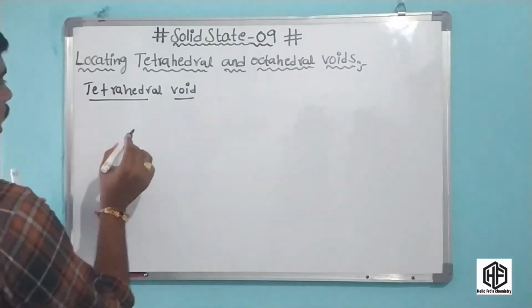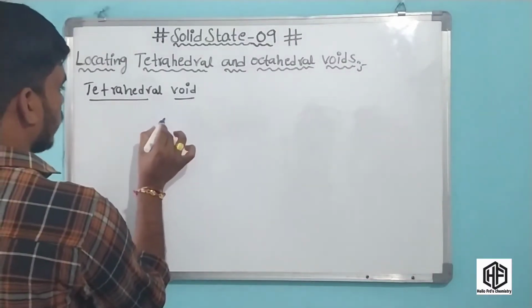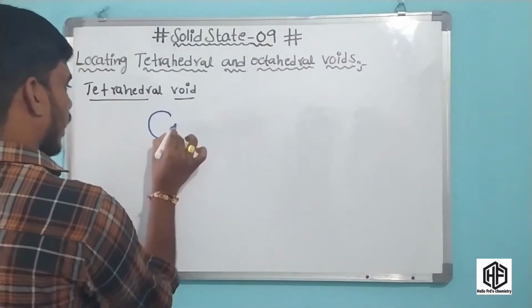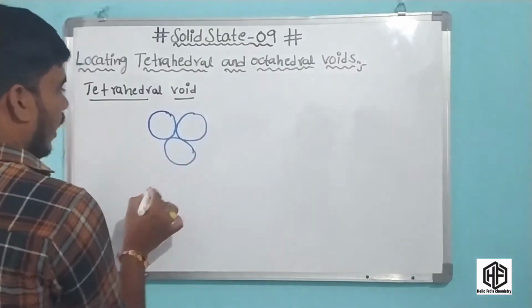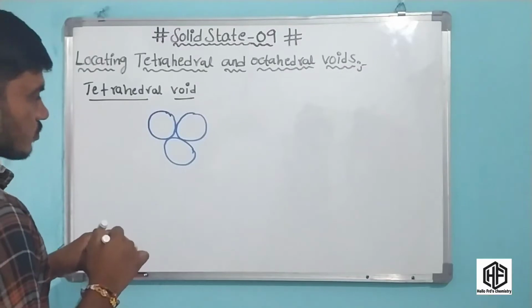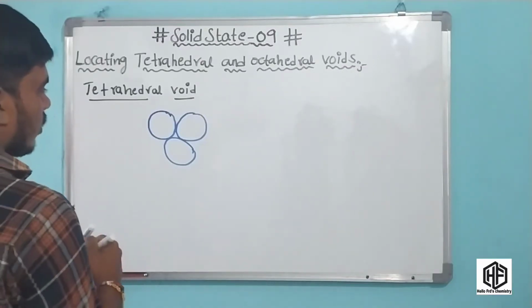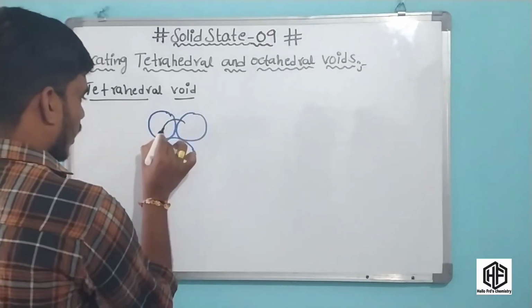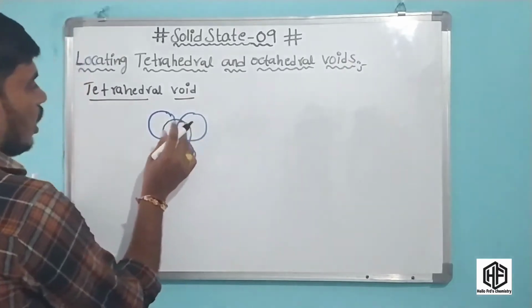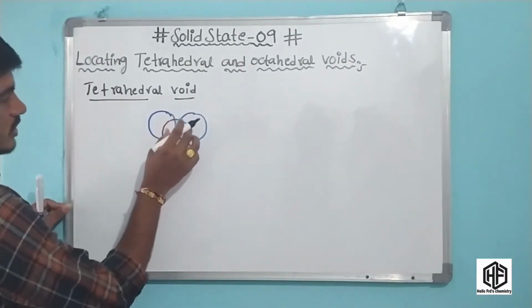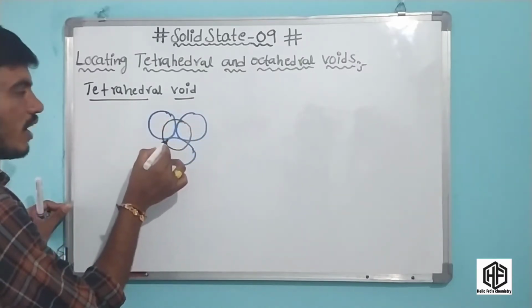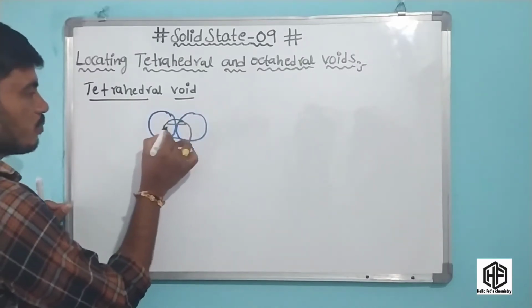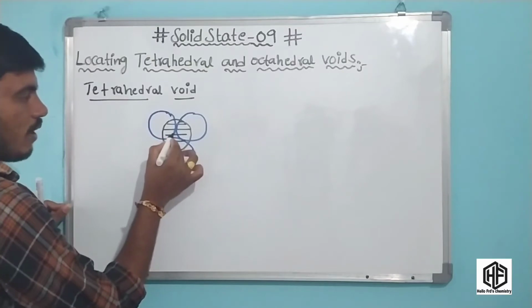Three atoms are arranged in this trigonal manner, and one atom is present on top of these three atoms, like this black atom.